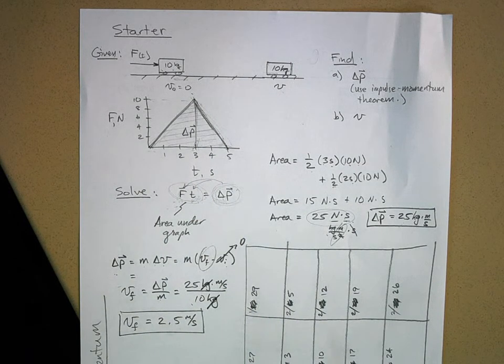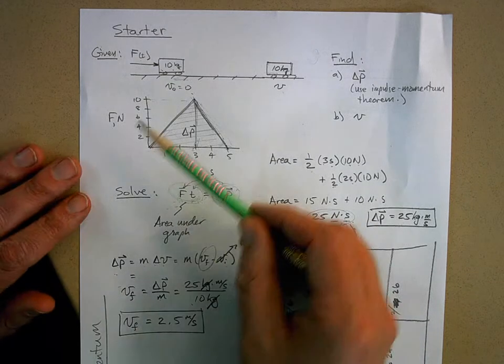Used all the time. By the way, this idea of the force being a function of time is way more common in the real world than the kind of stuff we've been doing where the forces are constant. Think about a baseball bat hitting a ball. Is the force constant while it's in contact with the ball? No way.